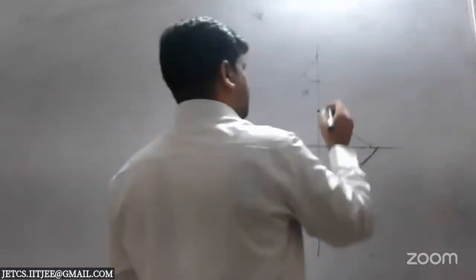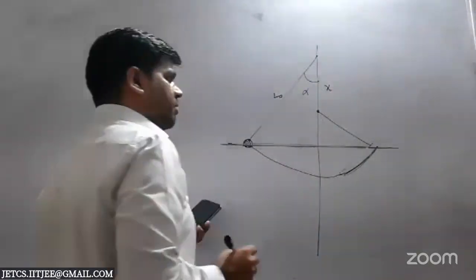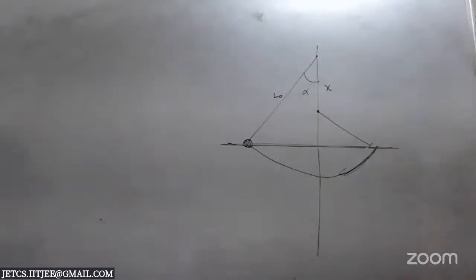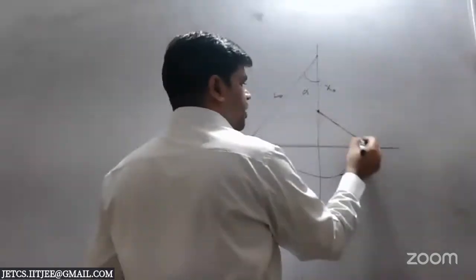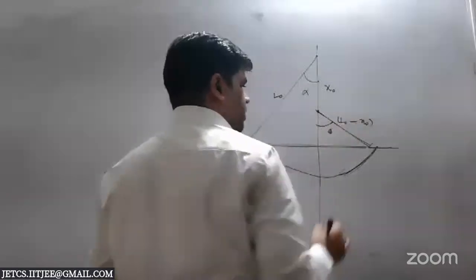Say this is small l, I'll write it as x. This is capital L, L naught. If I write small l, my handwriting is really bad, I'll write it as x or x naught. And this would be L naught minus x naught. This is theta. Required to find theta.